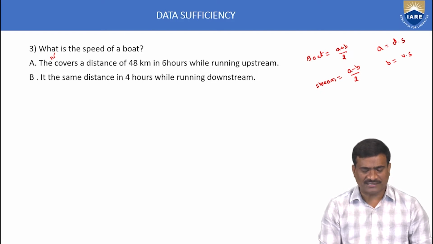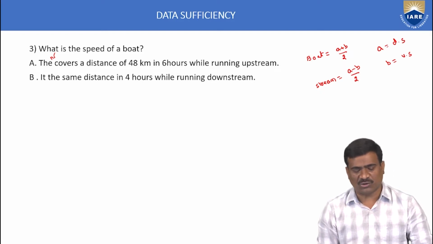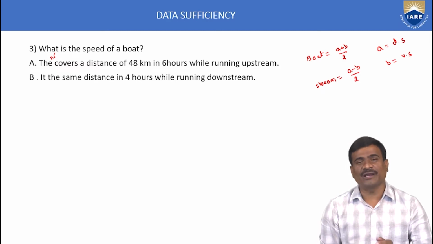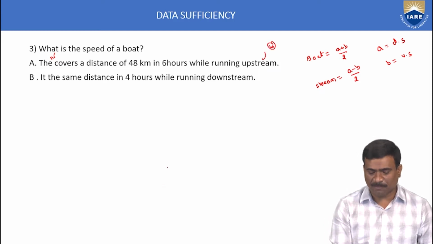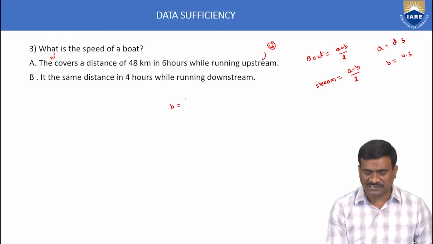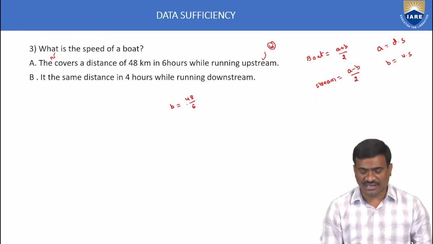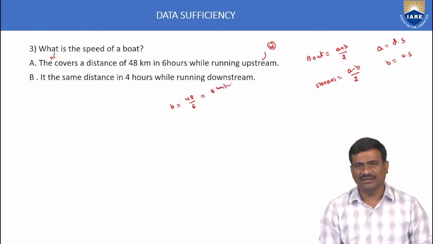Statement A implies that the boat covers a distance of 48 kilometers in 6 hours while running upstream. Upstream indicates the variable B. Here B is equal to speed, which is distance by time. Distance is 48, time is 6. Then the speed of upstream is 8 km per hour.